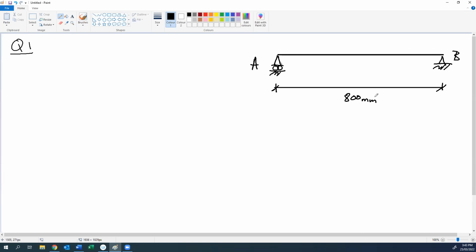We have two applied loads, one here at point C and one here at point D. The load at point C is 800 newtons. The load at point D is 1500 newtons.